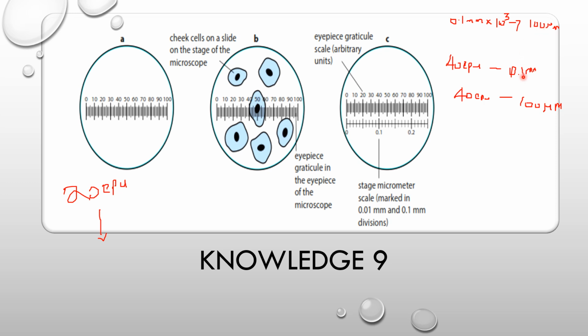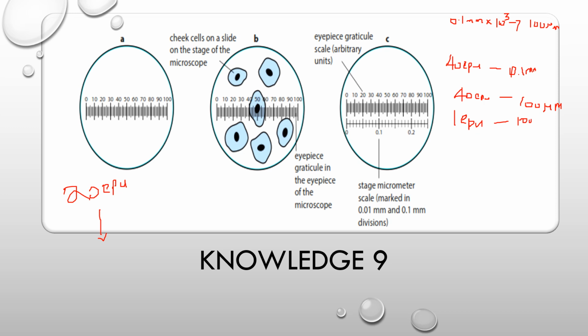Now, remove this 0.1, bring 100 micrometers. So our calibration now is 40 eyepiece divisions equal 100 micrometers. So what will be the value of one eyepiece division, which is what we're interested in? That's the calibration. So one eyepiece is what, guys? It will be equal to 100 divided by 40, right?